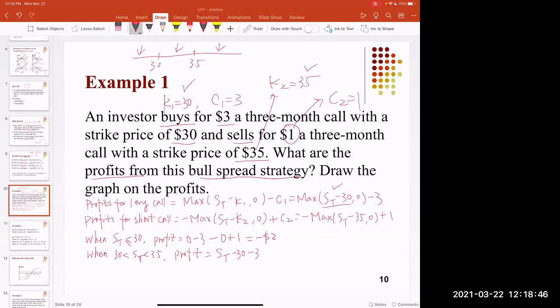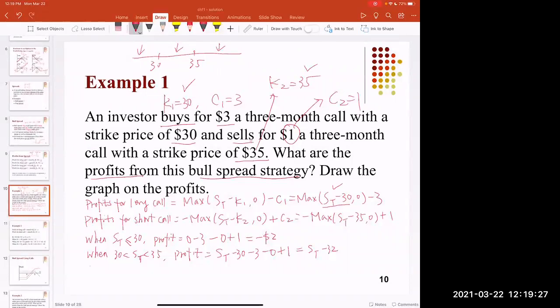For the short position, ST minus 35, because ST is less than 35, is again a negative value, so we take 0: minus 0 plus 1. So in the second case, when ST is between 30 and 35, we get ST minus 30 minus 3 plus 1. So minus 33 plus 1, that's 32, right? So ST minus 32 is the profit when the stock price is between 30 and 35.